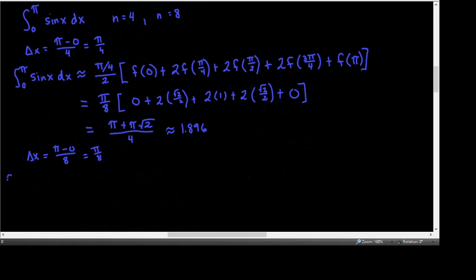And so the integral from 0 to pi of sine of x dx will be pi over 8 divided by 2 times f of 0.